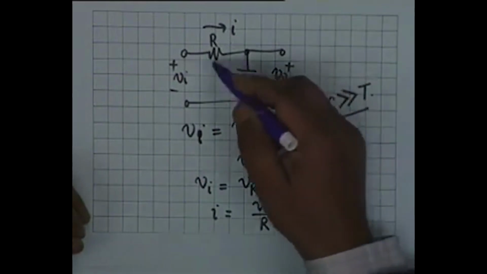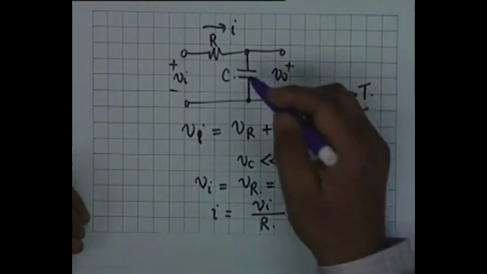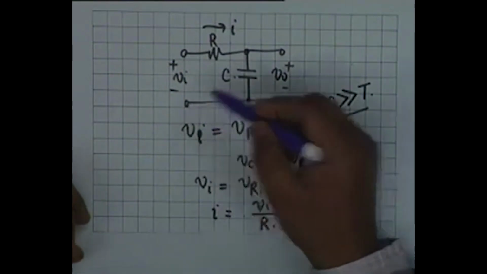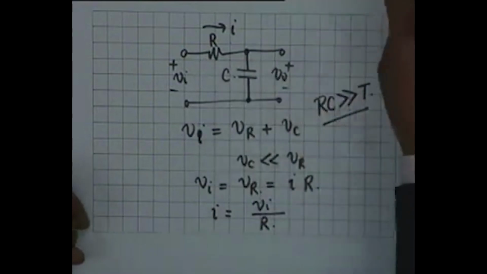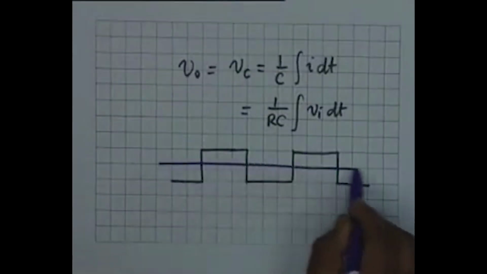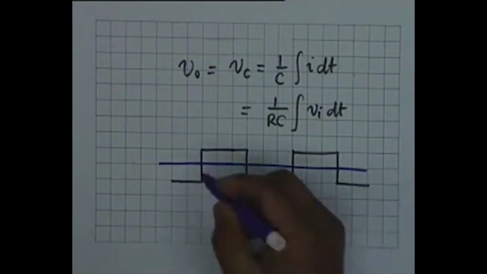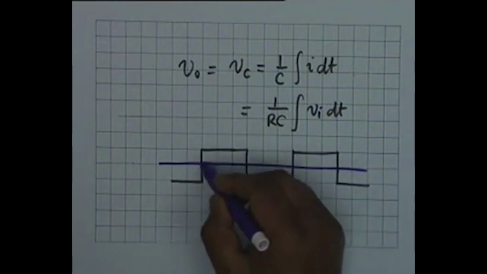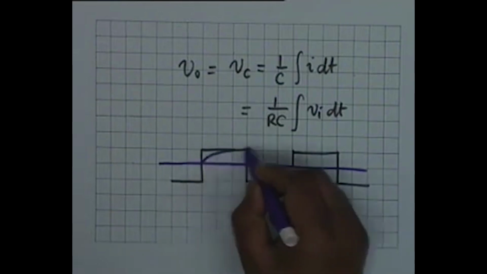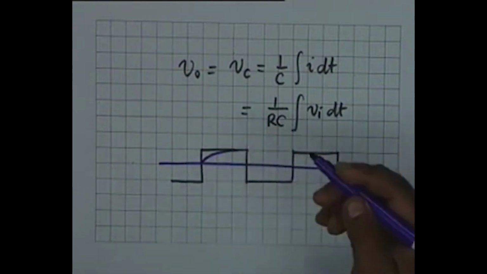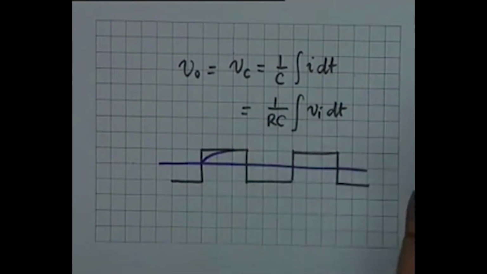All right. If sufficient time was allowed, the capacitor would have charged to the maximum of Vi. When the square wave goes negative, the capacitor naturally charges like this. Suppose it starts from here, the capacitor charges like this. When it goes negative, the capacitor gets charged in the opposite direction, which means that it gets discharged.